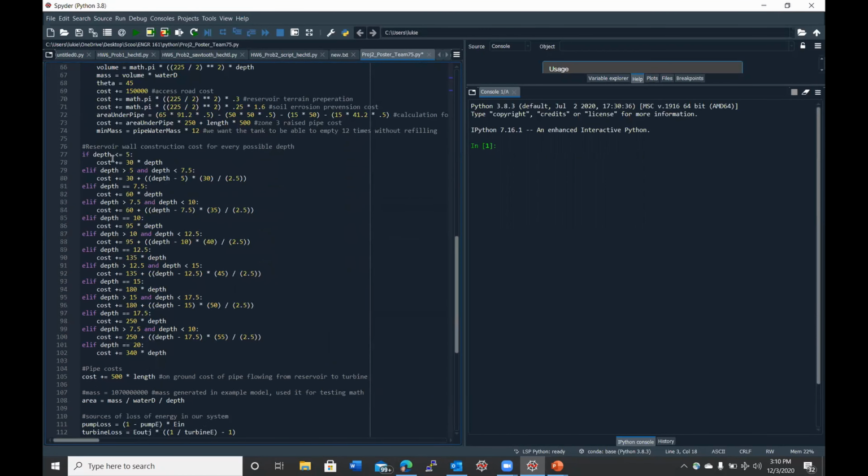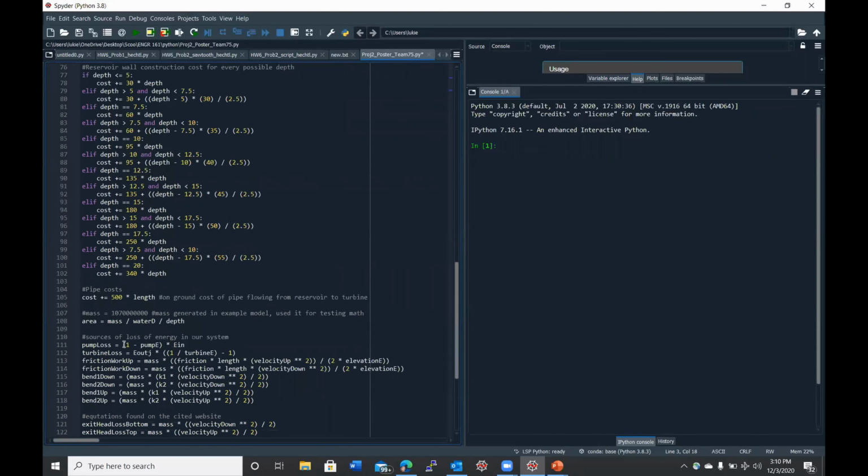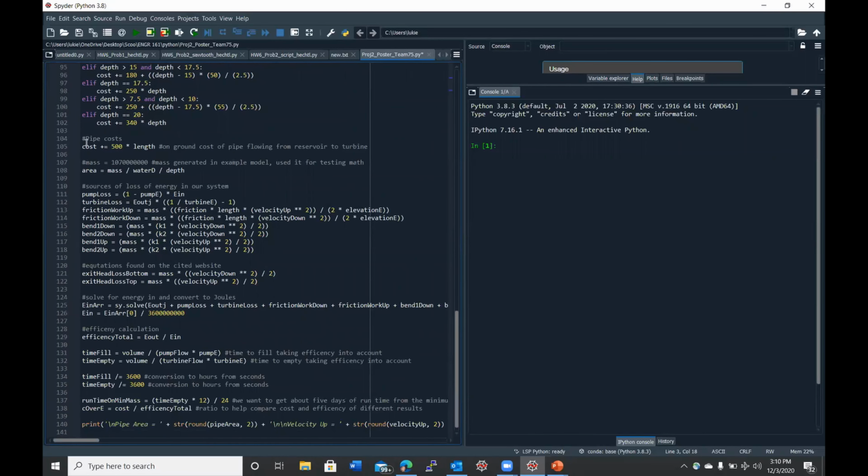Here we have conditions for the depth and how much each depth is going to cost. This is another cost for the on-ground pipe, which is the pipe flowing from the reservoir to the turbine. We wanted to make that on the ground so that we wouldn't have to worry about any structural supports on the way down.